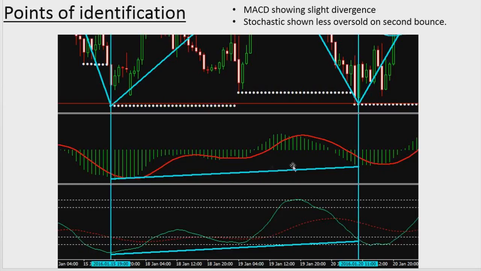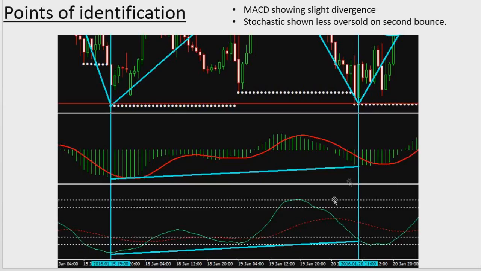So it's showing a small sense of divergence, which is a very important part to watch, where it's basically showing that there's energy moving towards a positive side of the MACD and not more down towards the negative. So it's showing that it is probably going to bounce and make its way back up into the positive of the MACD.